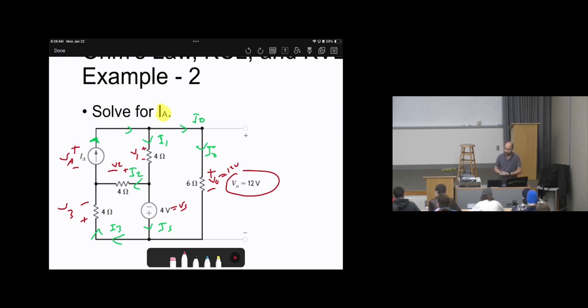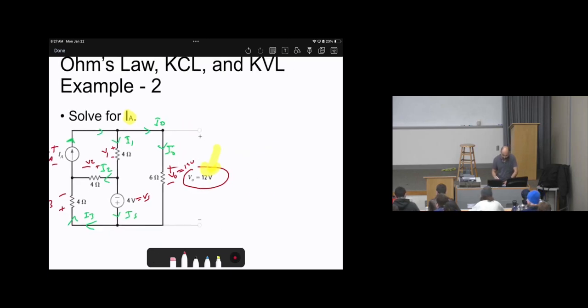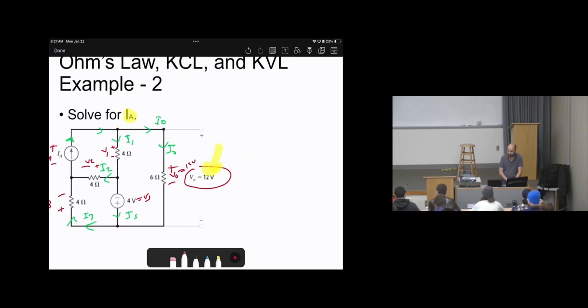Next step, start from the extra given information, which is VO. So we have VO, we have R, then we can calculate IO easily by applying Ohm's law. So let's do Ohm's law. This will yield IO equals VO over RO, which is 12 over 6. So the answer will be 2 amperes.